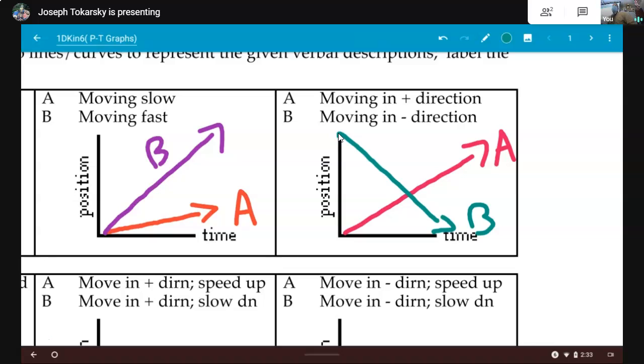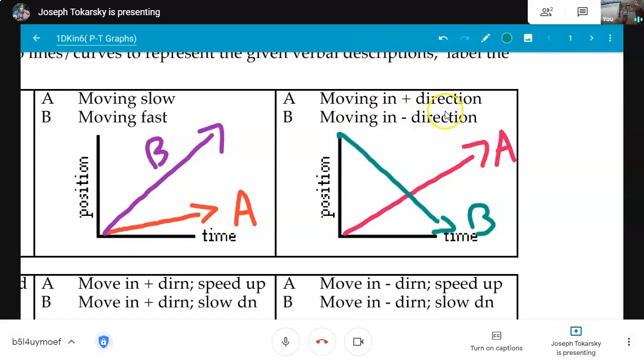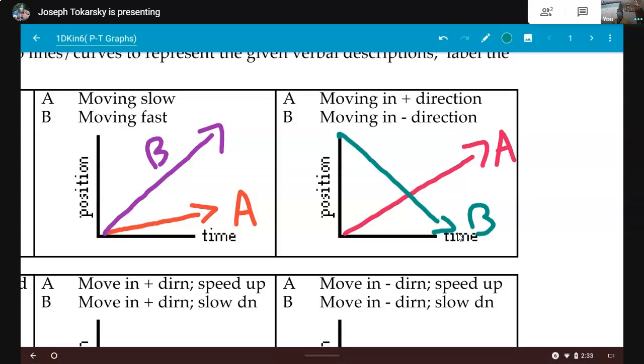Let me just clarify something that's sometimes a misconception on this. Just because you're moving in the negative direction doesn't mean you're at a negative position. Let me do an example of that. Here's 0, right? The origin. That's the negative direction, right?